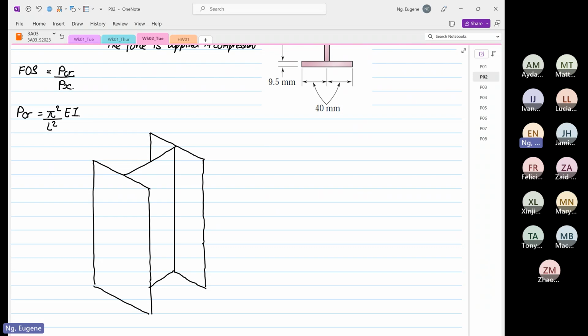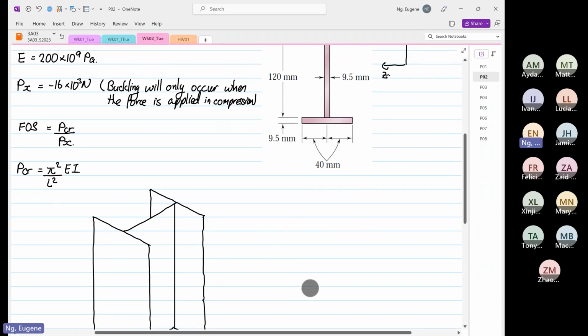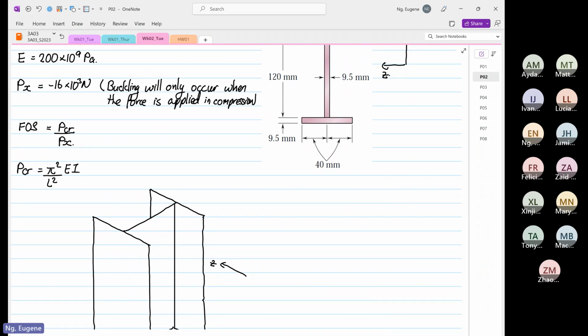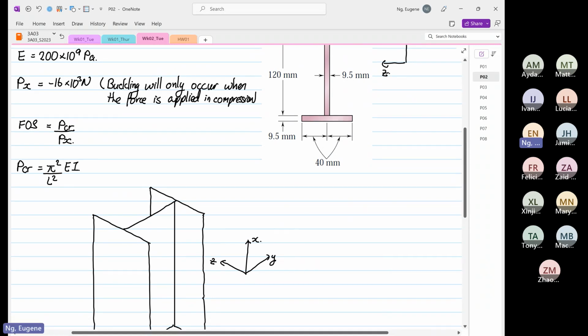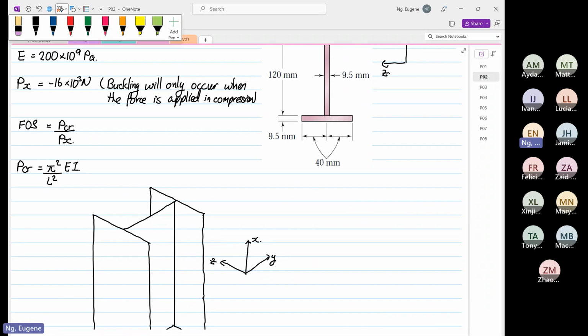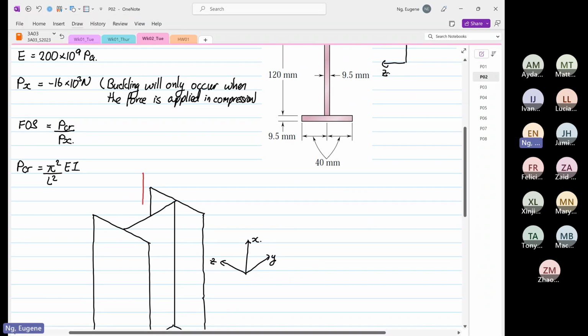The way we label our transformation, we know that this direction is our Z, this direction is our Y, and this direction is our X. We are aware that we have a load applied directly at the centroid.